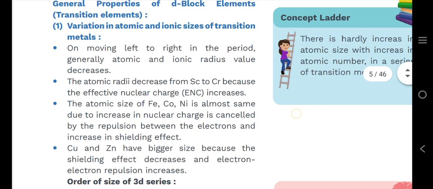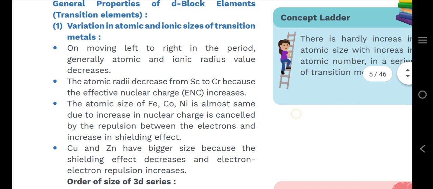The irregularities in the observed configuration of chromium, copper, molybdenum, palladium, gold and silver are explained on the basis of the concept that half-filled and completely filled d orbitals are relatively more stable than partially filled d orbitals.